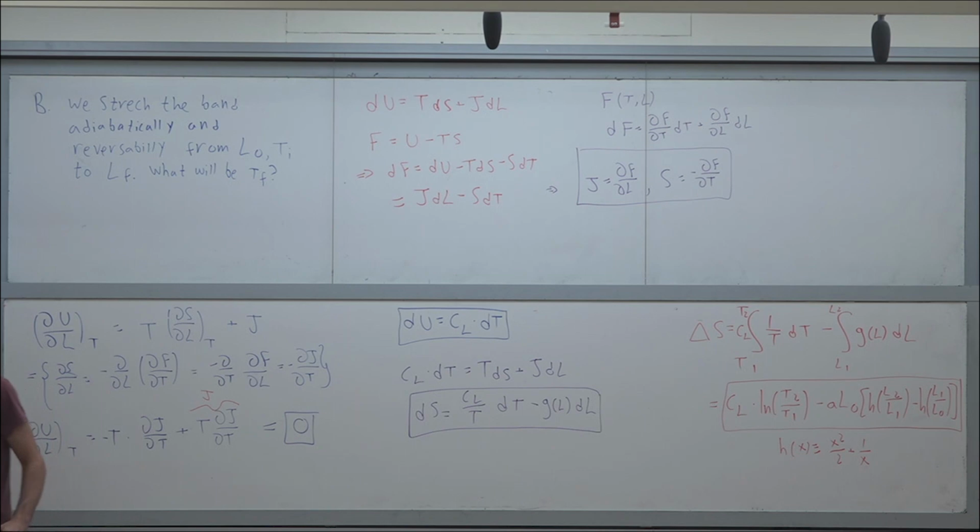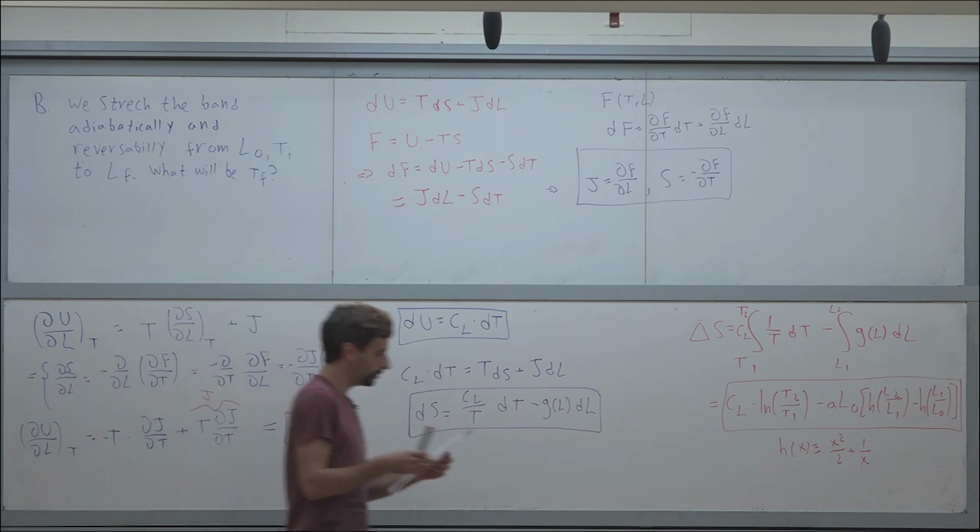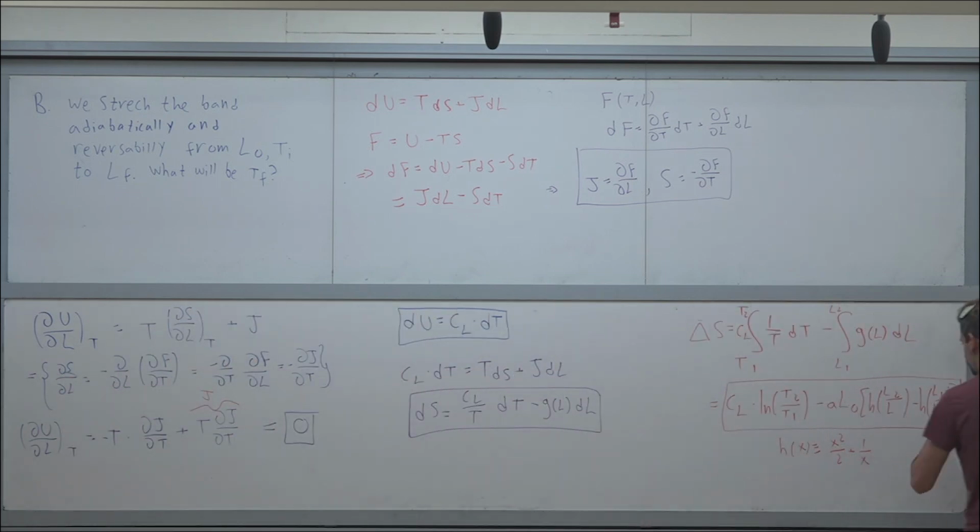Oh, I have a problem. Wait. No, it's fine. No, here it should be, sorry, here it should be A naught. Sorry. Okay, it's L2 over A naught minus L1 over A naught.